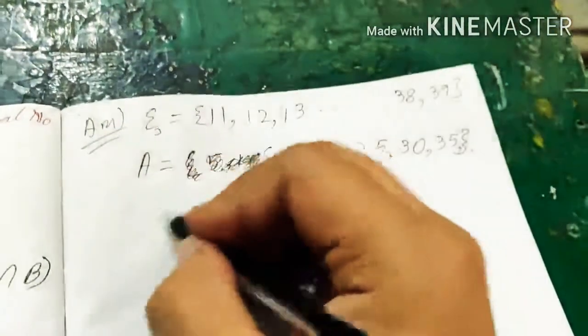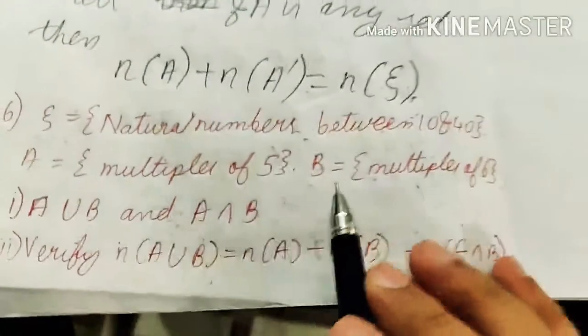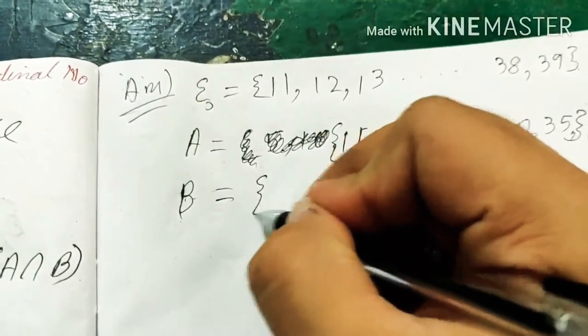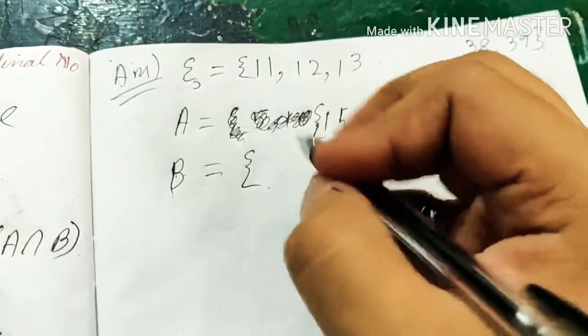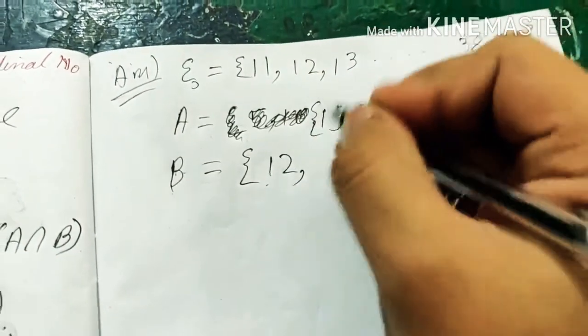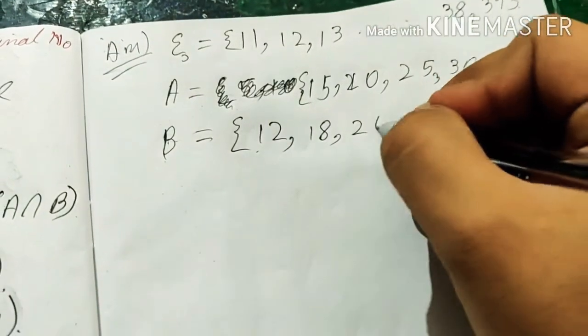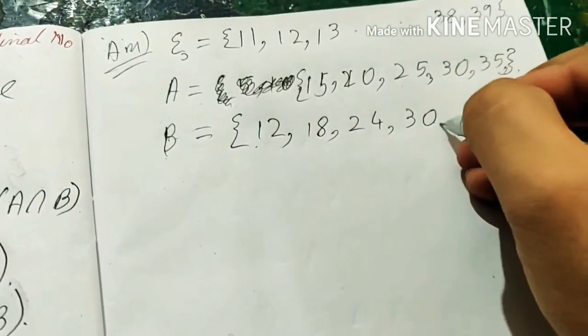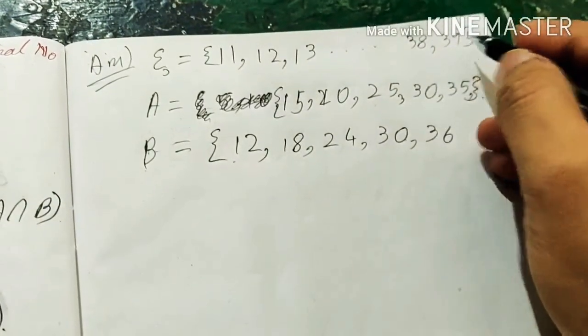Our B set here is given as multiples of 6. So 6 does not belong to this. Next is 12, yes, 12 lies in this. 18 also comes between this. 24, 30, 36, and next is 42, which exceeds this set.